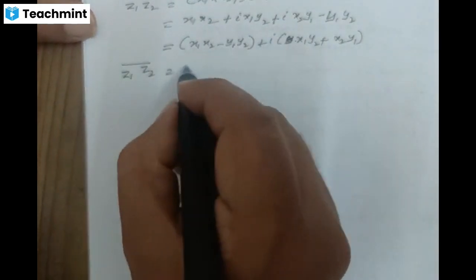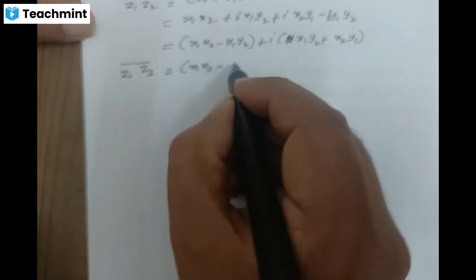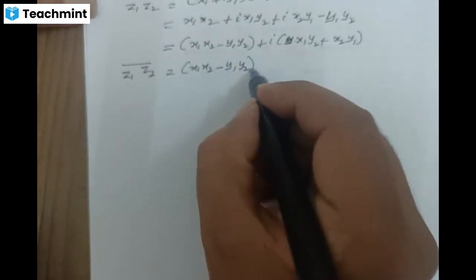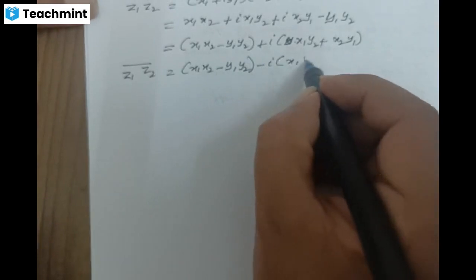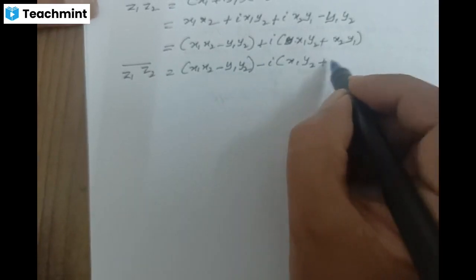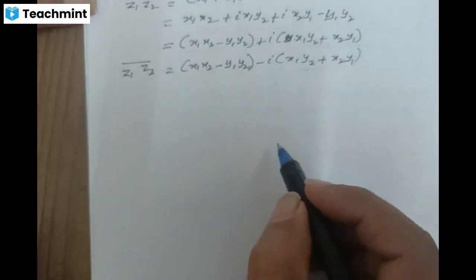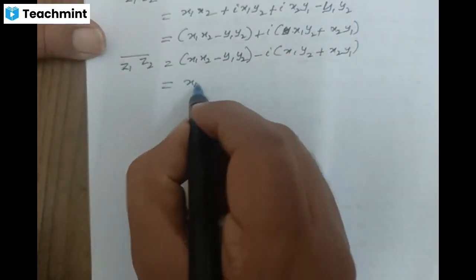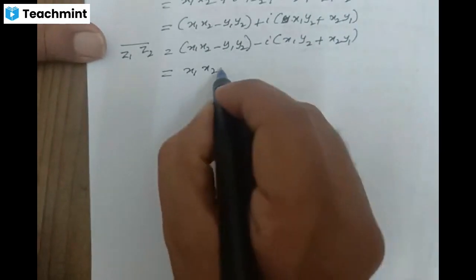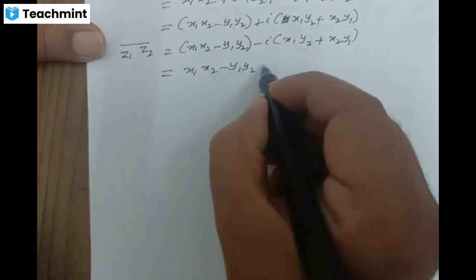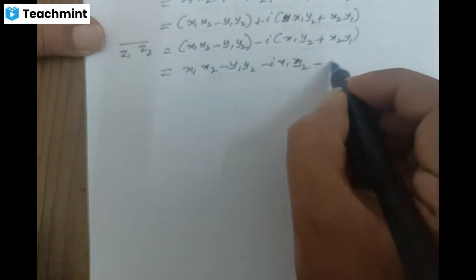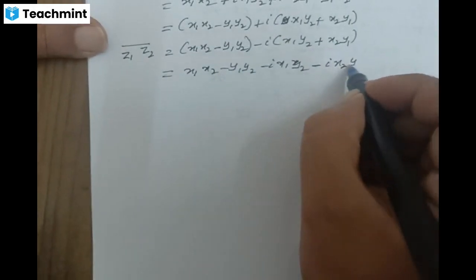The product whole bar is equal to, the i coefficient changes, that is x1 x2 minus y1 y2 minus i into x1 y2 plus x2 y1. Just I will multiply the minus sign. So we can write x1 x2 minus y1 y2 minus i x1 y2 minus i x2 y1.